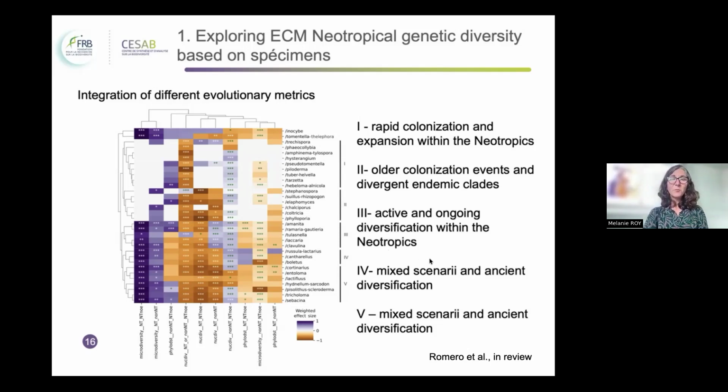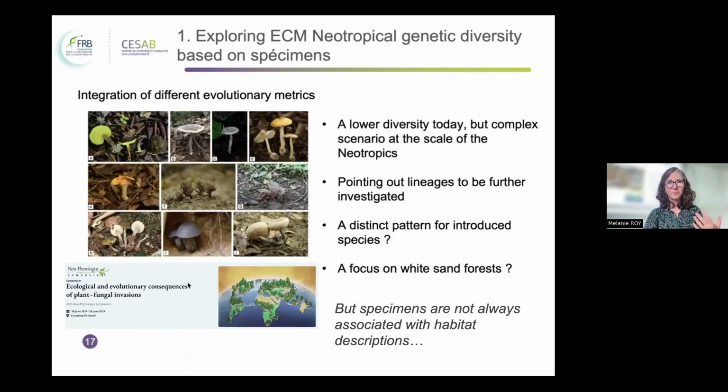So 5 groups. Perhaps in other places in the world it would also be the case to have so many scenarios. But we're happy to show that even if those ectomycorrhizal fungi are really rare, they do have a really complex biogeographic history that started long ago, like the story in the temperate region. So to conclude on this part, and then I will let Carol speak soon.